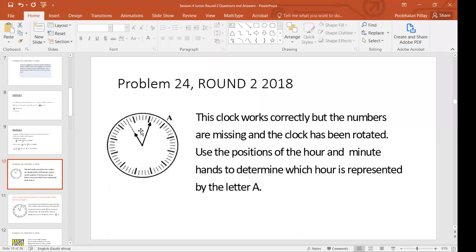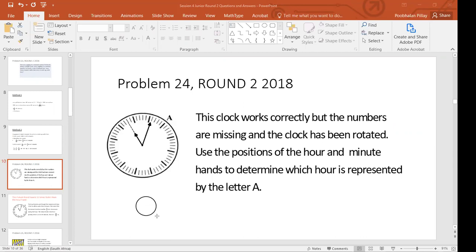Normally, a clock looks like this. Nowadays you have digital clocks, so some of you might not be familiar with it, but it's important for you to know the old clock that I grew up with.